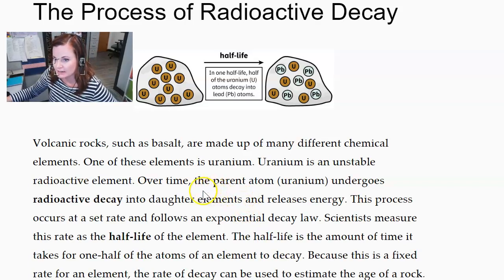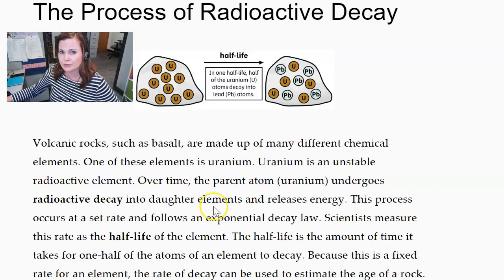Half-life is the amount of time it takes for half of the radioactive elements in something to change into something else. Some substances have radioactive elements in them. That means that their nuclei are unstable. Nuclei have protons and neutrons in them, and usually that's a pretty stable thing.